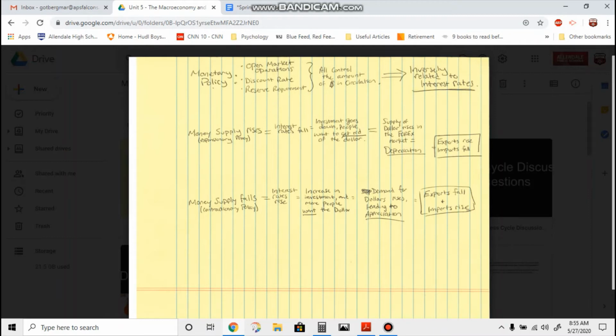If I give you a choice between a 5% interest rate on a savings account and a 12% interest rate on a savings account, you would choose 12 because that gets you more money year by year, more money in the long run. And so if interest rates are falling, that means that people are going to want to get rid of the currency. They're going to want to get rid of the dollar because they can get better rates elsewhere.